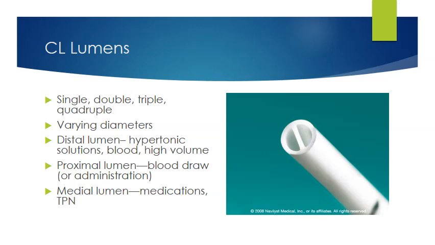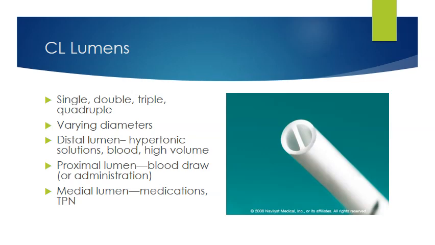The diameter will vary. It's going to depend on the catheter that you have. There are different lumens in the catheters: a distal, a proximal, and a medial, and usually that's what you're going to see with a triple lumen. Obviously, if you just have a double, you're going to have a distal and a proximal, and I'm pretty sure on the quads you have a distal, proximal, and 2 medial.